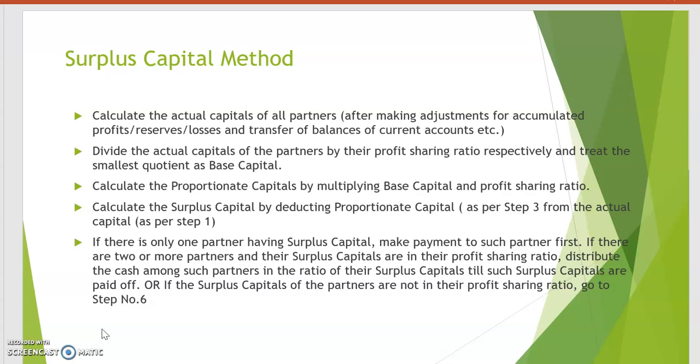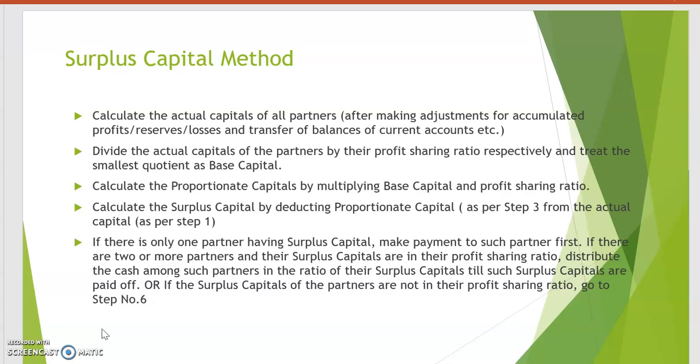Means whatever extra capital is paid by those partners is reduced up to their profit sharing ratio. They bring their capital up to the profit sharing ratio.